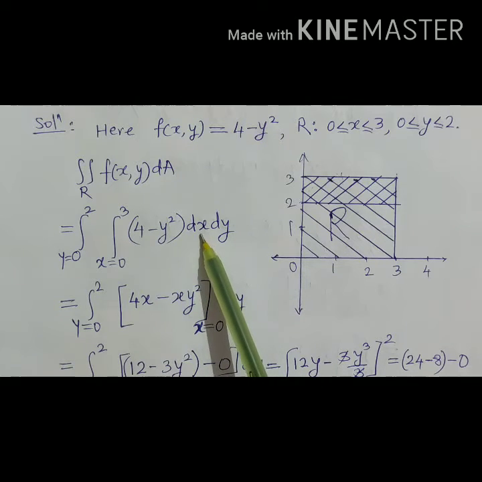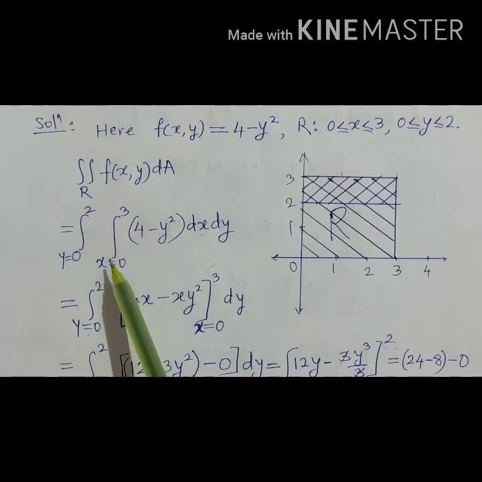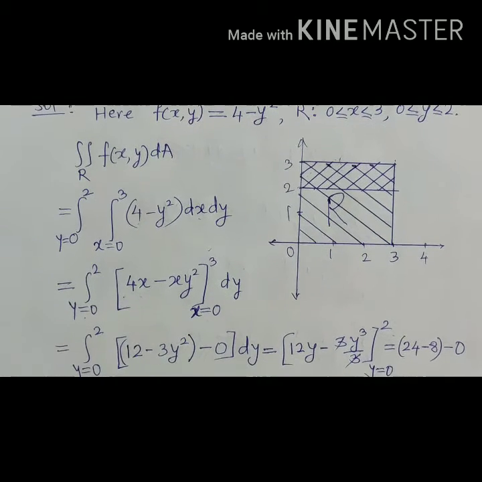Inner one is dx, outer one is dy. So that is equal to the integral from y equal to 0 to 2. So you have already integrated here, integration with respect to x. So 4 being constant, it becomes 4x. Minus y square is constant for x, so it becomes x times y square, and the limits for x are from 0 to 3.